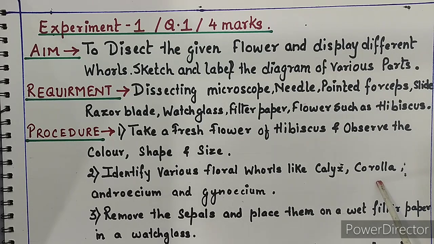They are not needed for the process of sexual reproduction. Whereas the inner two floral whorls, androecium and gynoecium, are the essential whorls, since they are a must for the process of sexual reproduction.